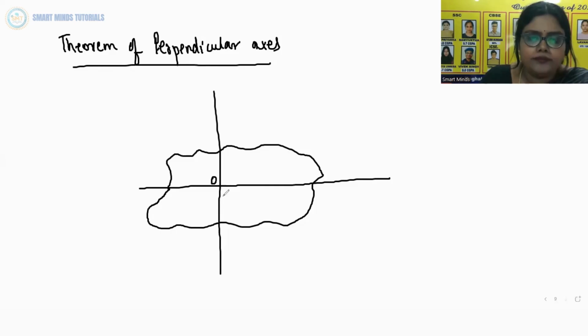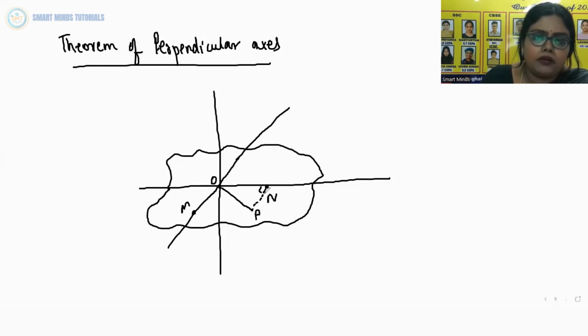This is O. We are drawing a line passing through the origin. This is the point N, this is the point M, this is the point P. Now this is a perpendicular and this is also a perpendicular.